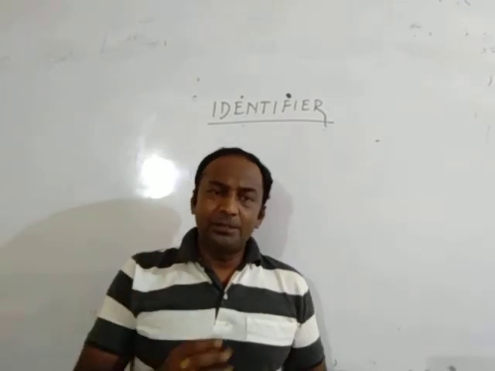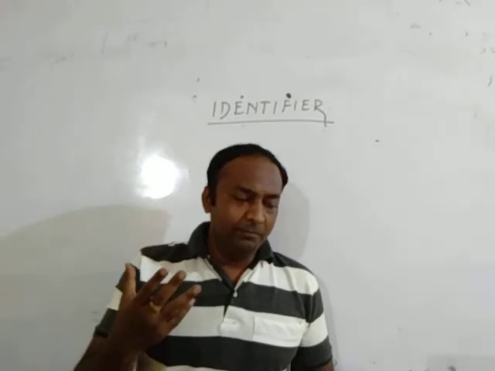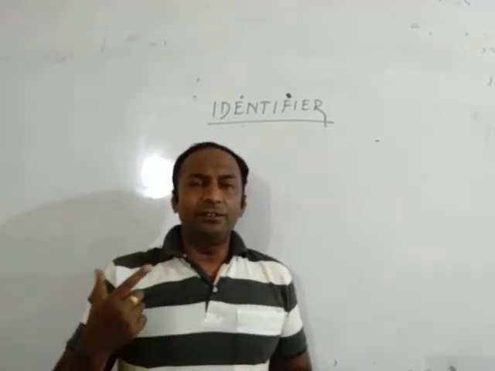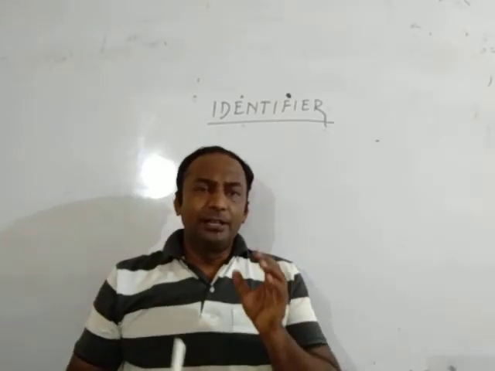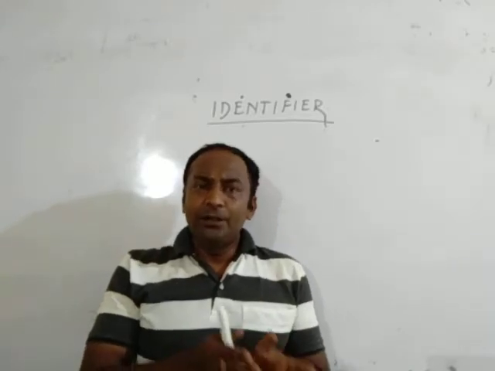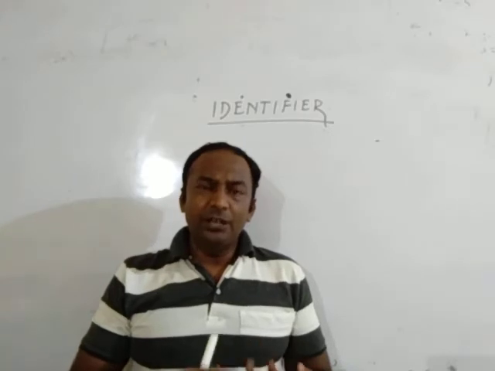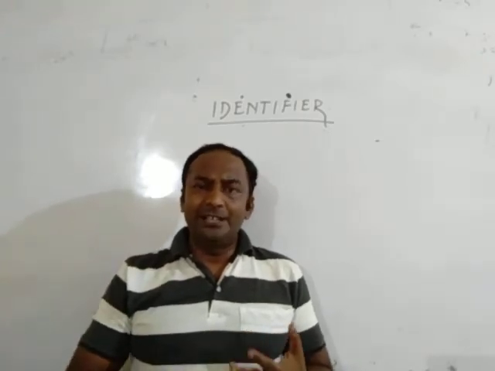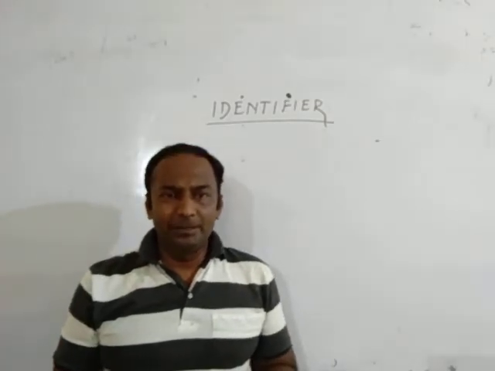Likewise, some user defined names are given to variables, functions, strings, character sets, arrays. So identifiers are the user defined names provided by the user to identify variables, constants, functions, arrays, structures, etc.